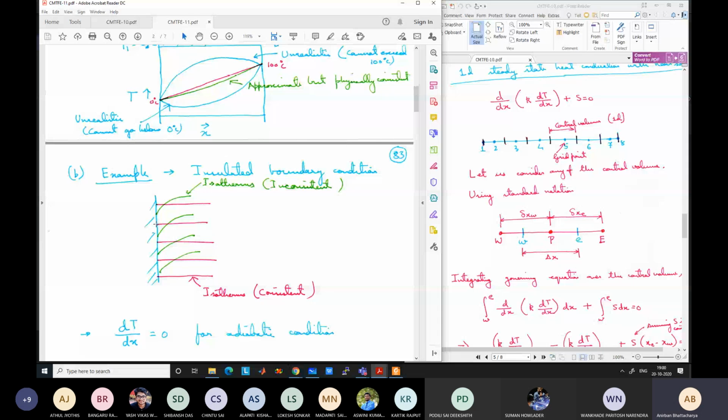So these red lines are the physically consistent solution. If we get a solution like this green line, where the isotherms have some slope at the boundary, this solution is not physically consistent. It is an unrealistic solution. And this is a check that we always do.